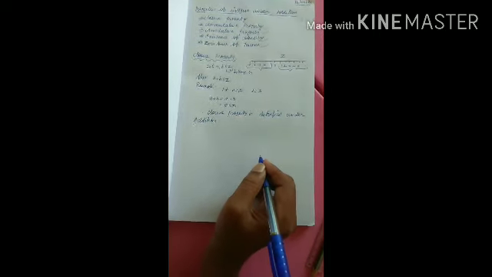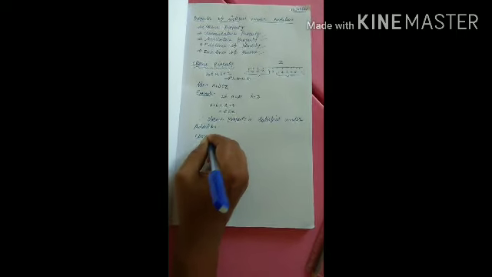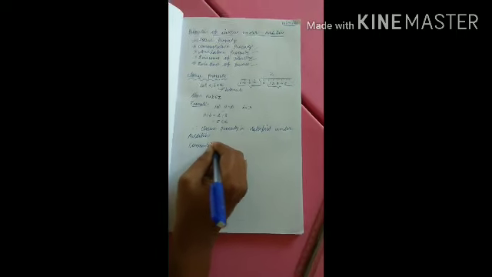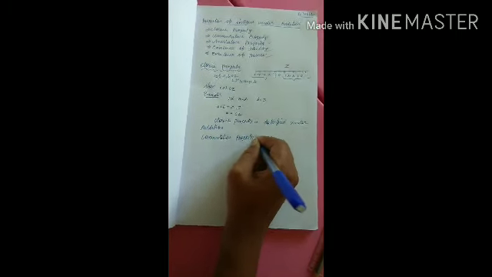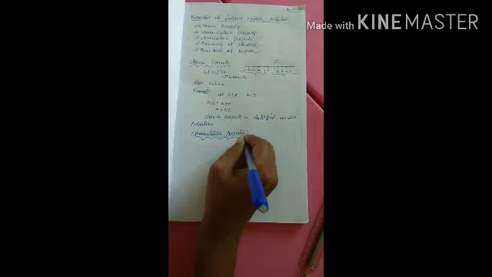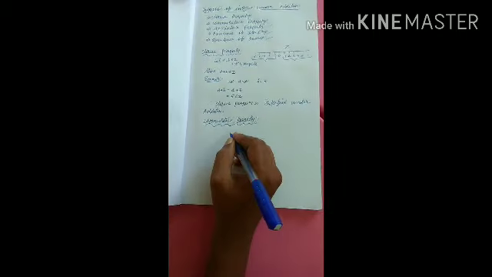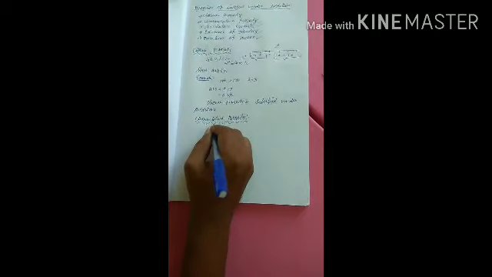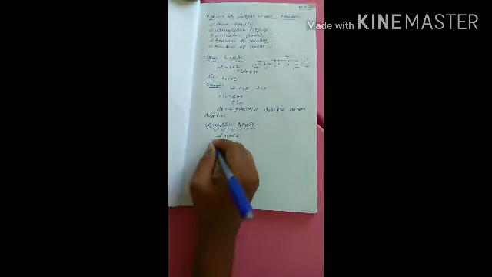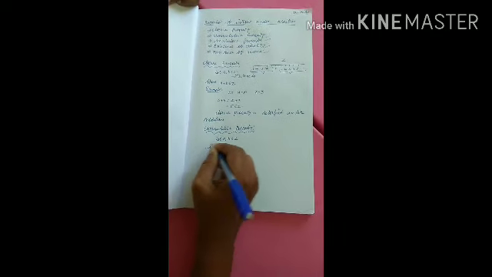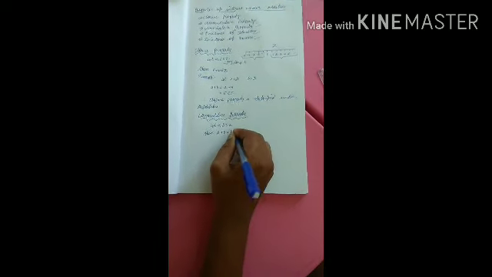Next, commutative property. It says that let a, b belongs to Z. Then a plus b equal to b plus a.